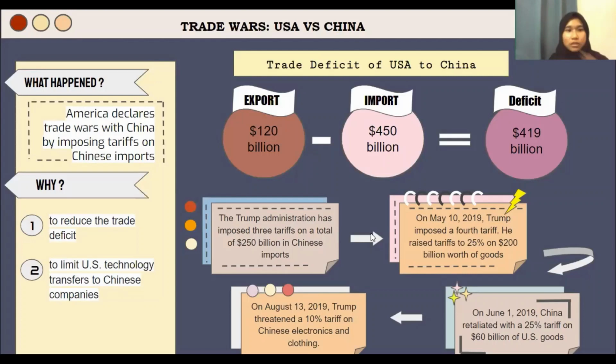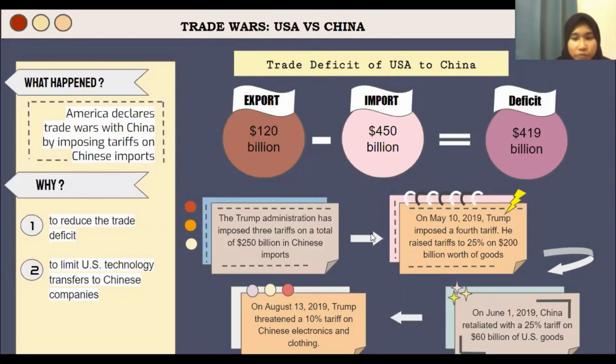So the timeline of this trade war is, firstly, the Trump administration has imposed strict tariffs on a total of 250 billion in Chinese imports. Next, on May 10, 2016, Trump imposed a fourth tariff. He raised the tariff to 25% on $200 billion worth of goods.